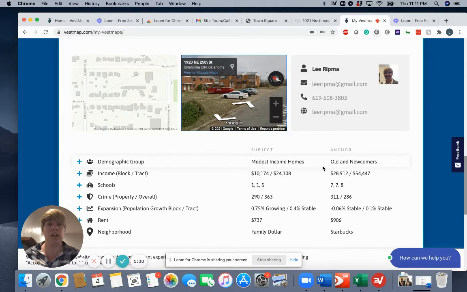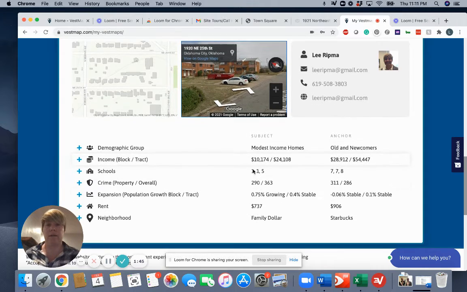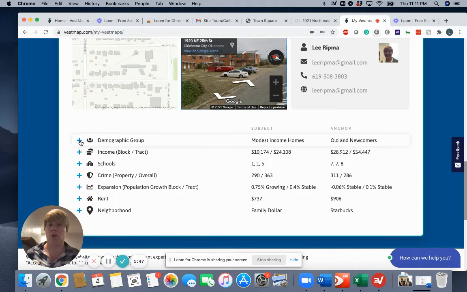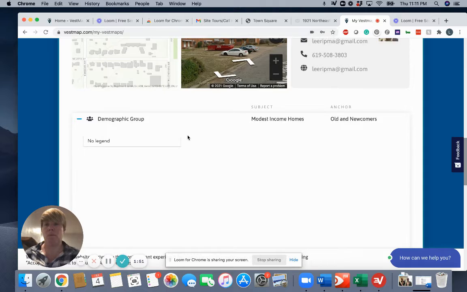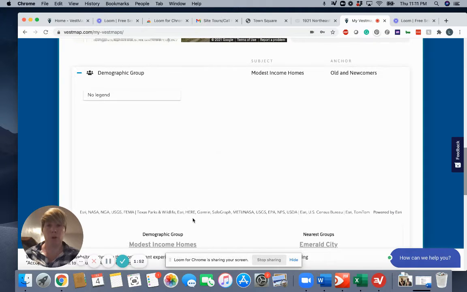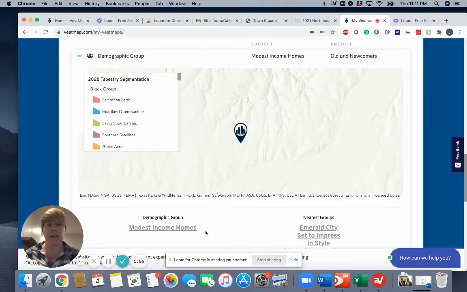Just looking here, you can see my anchor address. These are the criteria that I'm looking for: median income, school ratings, crime, median rents, and things. So then we're going into this one and we're seeing the demographic group is modest income homes. You can click around and read a little more about that demographic group.